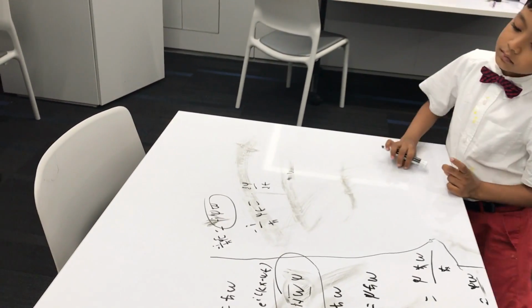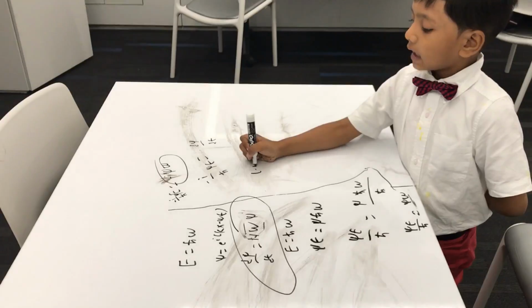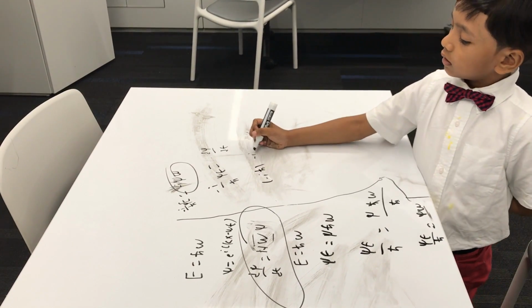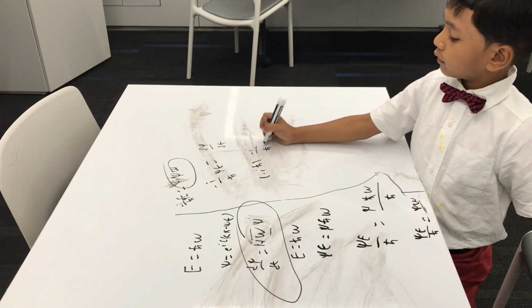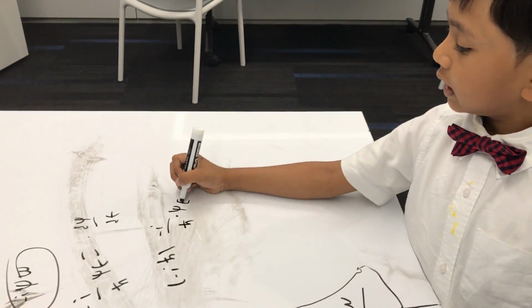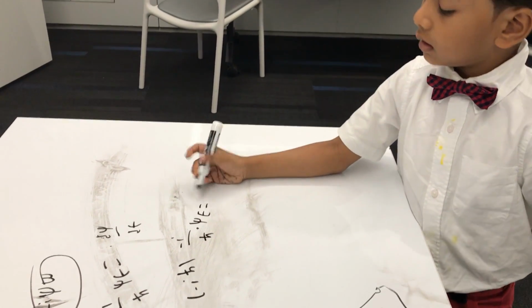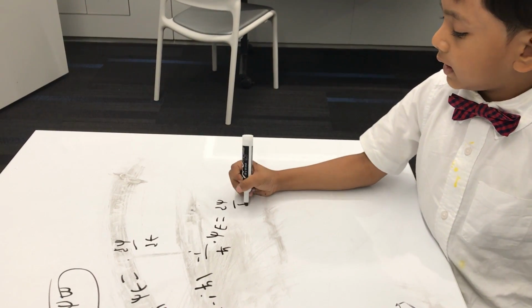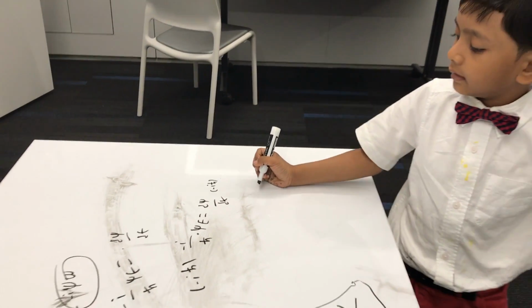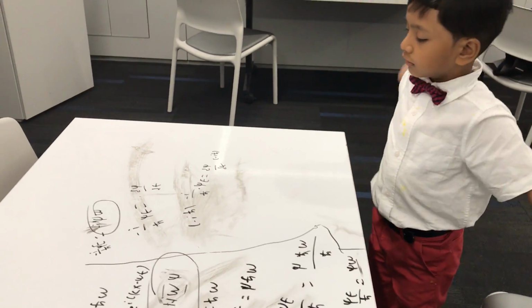So let's see. After it's negative i times reduced Planck constant times negative i over reduced Planck constant times psi e is equal to d psi over dt times negative i times the reduced Planck constant. Okay. Phew!